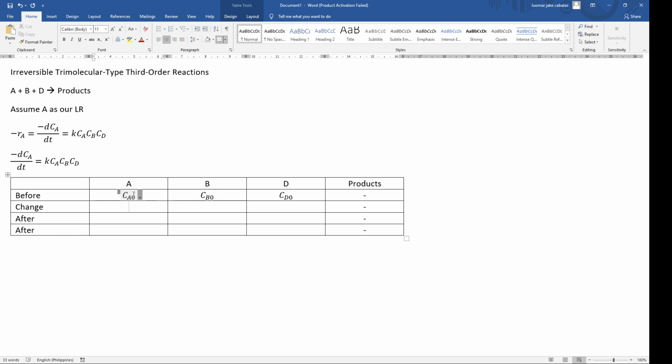Then for the change, since we assume that A is our limiting reactant, we start with negative CA0 XA at any given time, and this is for all the reactants. And then after, we just have to add all of this.